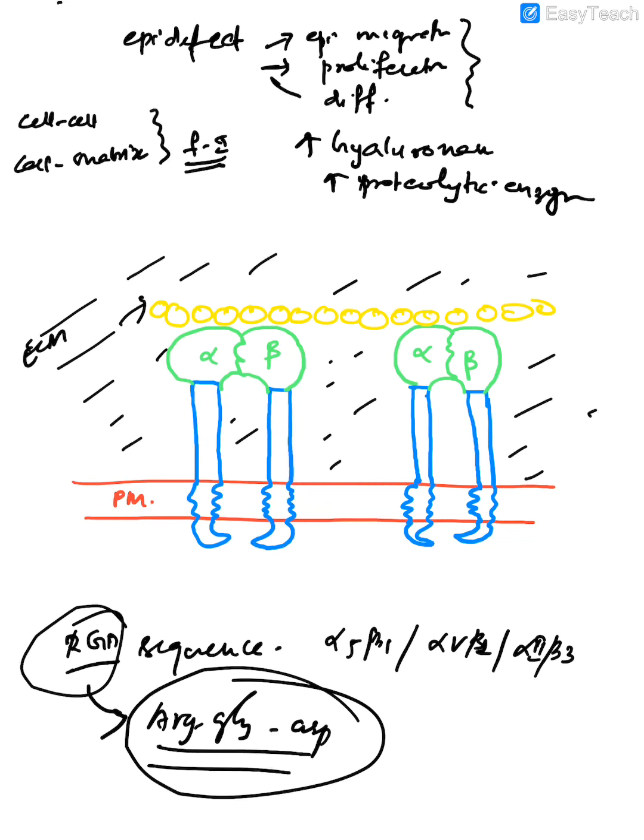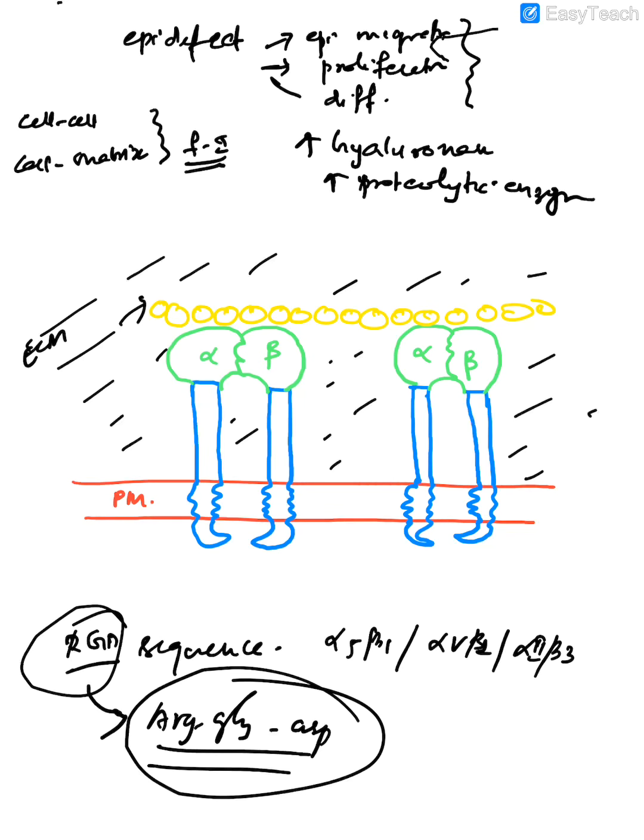Now, there are various integrin subunits in the human cornea like alpha 2, alpha 3, alpha 5, alpha 6. Once the epithelial migration has occurred, the hemidesmosomes reappear, and the hemidesmosomes help in the cell to basement membrane attachment.